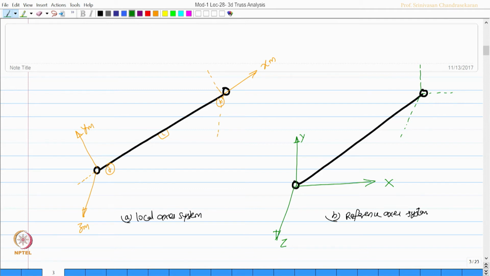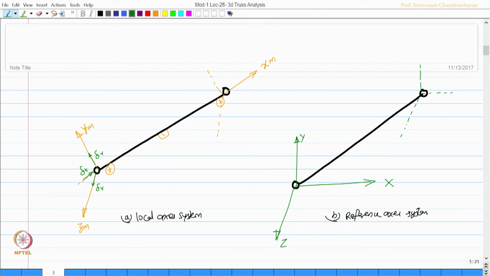Let us say along xm, I call this displacement t, and this displacement r, okay, and this displacement v. We are using the same notation. If you carefully look at the notations of 2D planar truss analysis, except for the z axis displacements, all notations are the same.